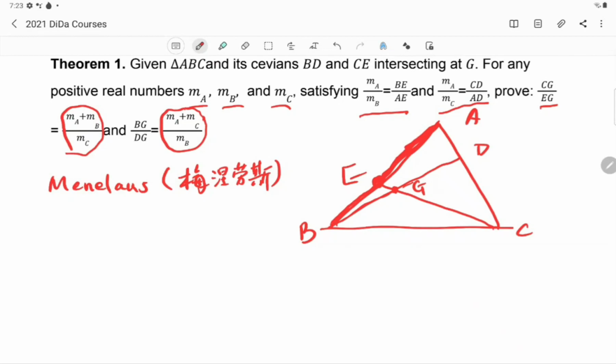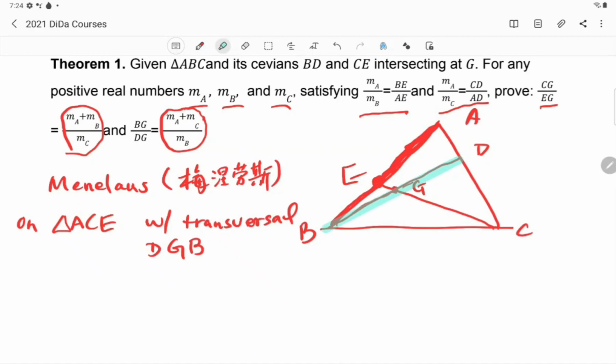So the way I did it was to apply Menelaus on triangle ACE with the transversal DGB. Basically, this transversal cuts all three sides of the triangle ACE.